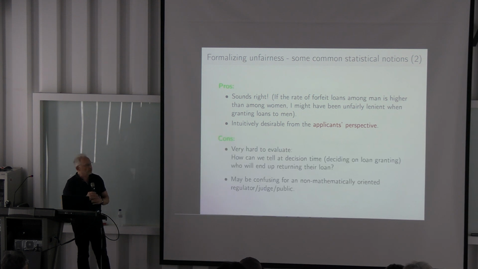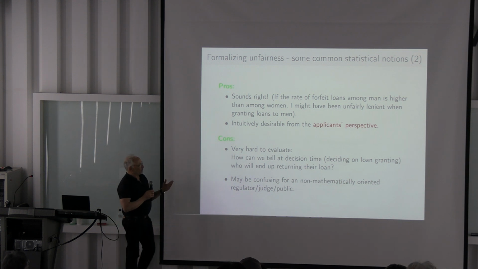The first issue is that it is very hard to evaluate, because at decision time, when I want to give you a loan or accept you to the university program, how can this measure depend on your true label? When I'm giving you a loan, I don't know whether you are someone who will return the loan or not. I don't know what your true label is. So it's very difficult to evaluate at decision time.